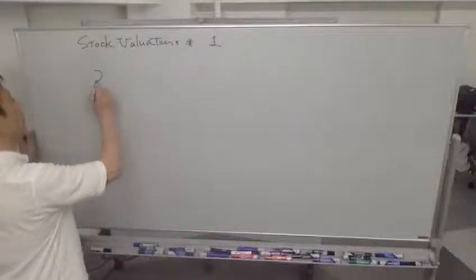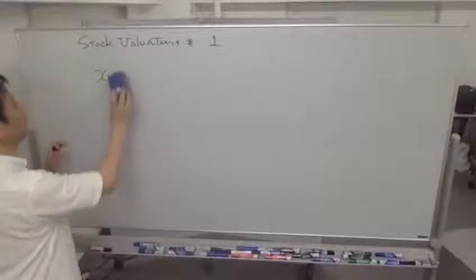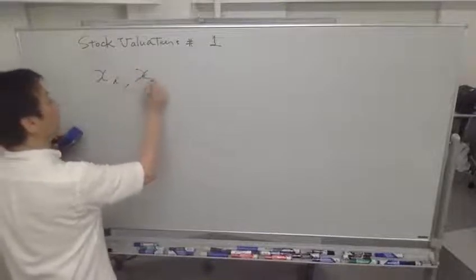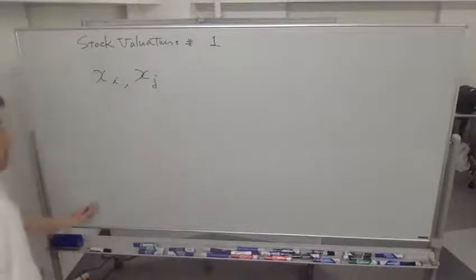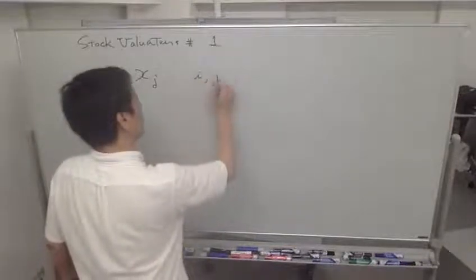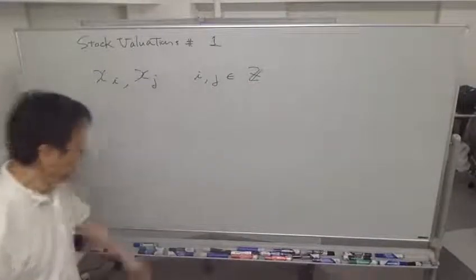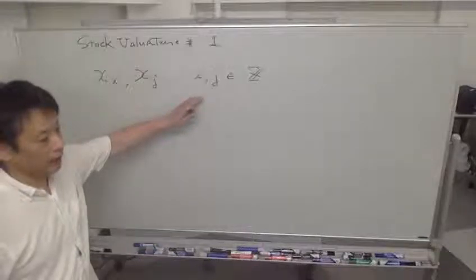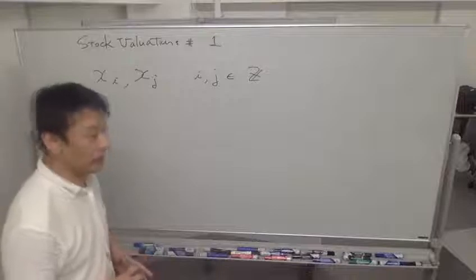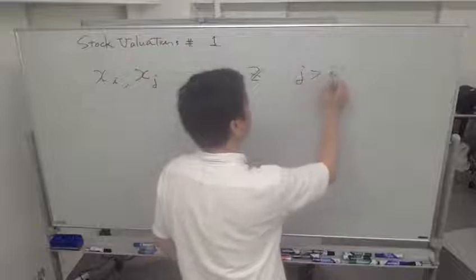I would write xi, xj, and here the indices i and j are integers, giving you information on years, or time in other words. And j is greater than i.